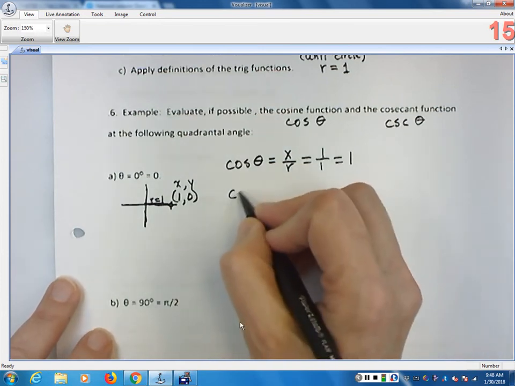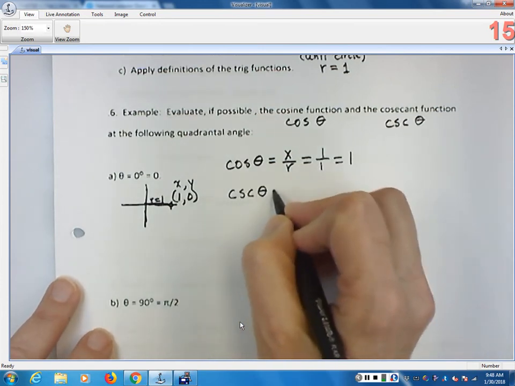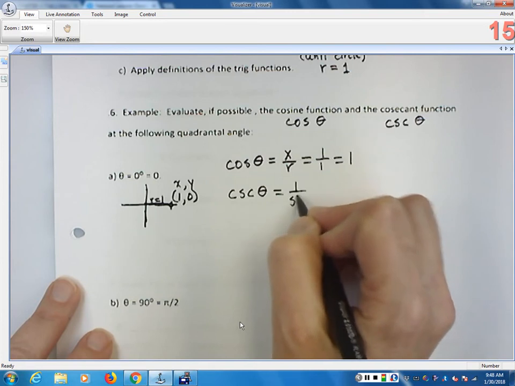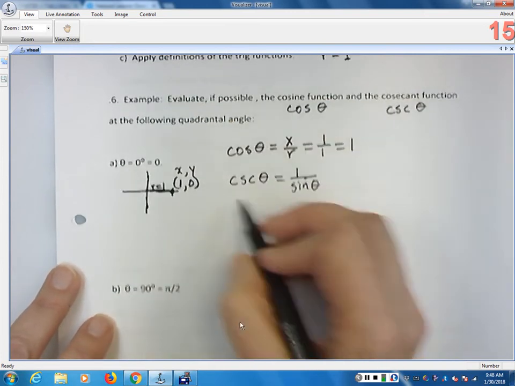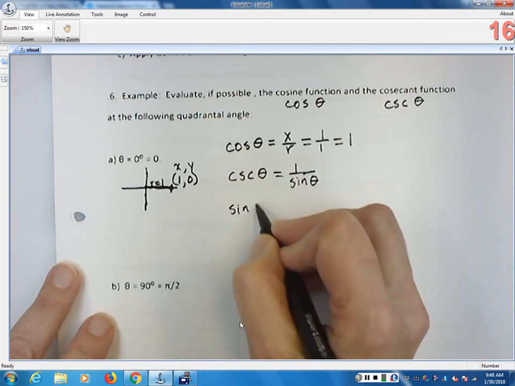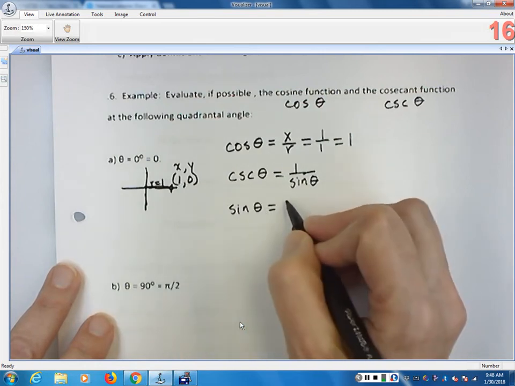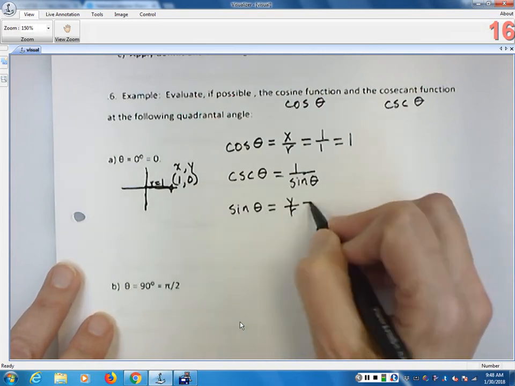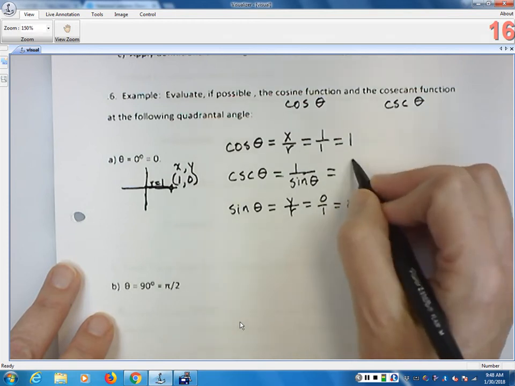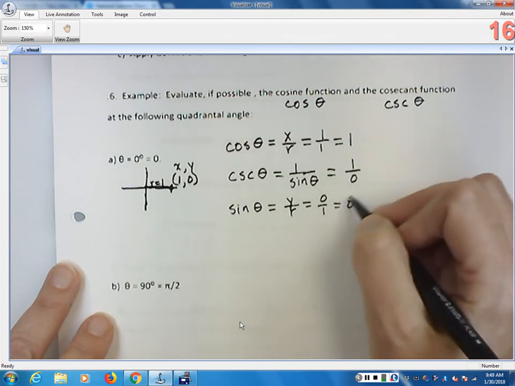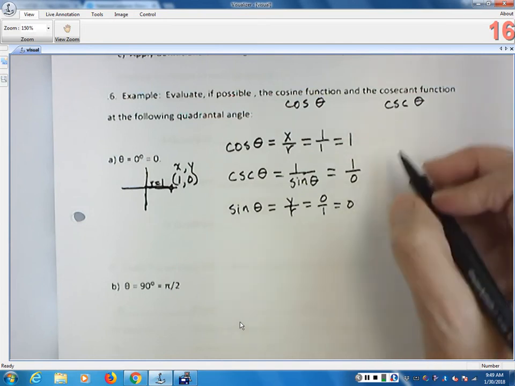Cosecant. Well, cosecant theta is 1 over sine. Or I could use the definition, but sine is y over r, so I've got 0 over 1, which is 0. So cosecant is 1 over 0. You have to flip that, and so it's undefined.